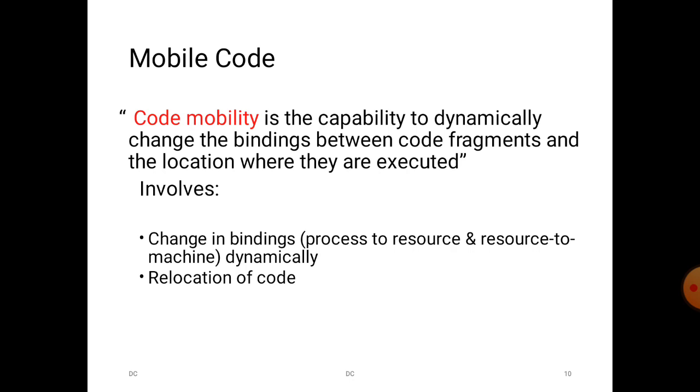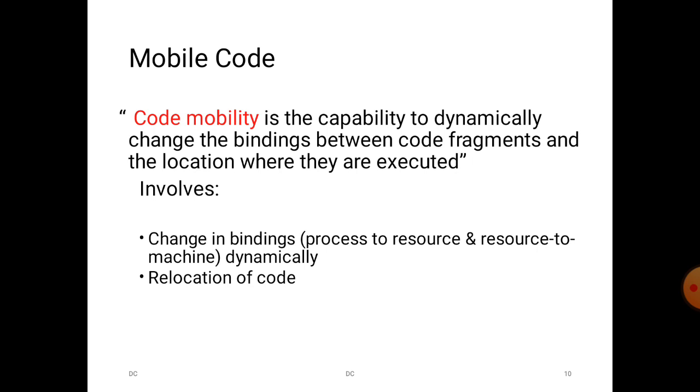The code is broken into fragments. The entire code is broken into small fragments, and they are sent to different nodes to execute. So the bindings between the code fragments and the location where they are executed can change dynamically based on the requirement. The change in bindings, we call them process to resource and resource to machine.